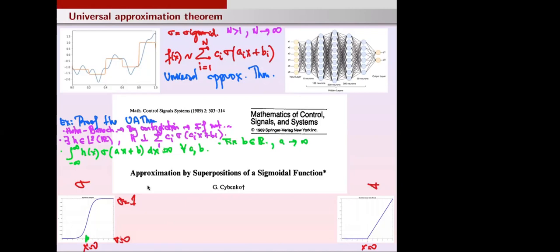This transition becomes sharper and sharper, and eventually the sigmoid becomes the Heaviside function. So the sigmoid of ax plus b converges to the Heaviside function, which is 0 to the left of, say, minus b, and 1 to the right of minus b.